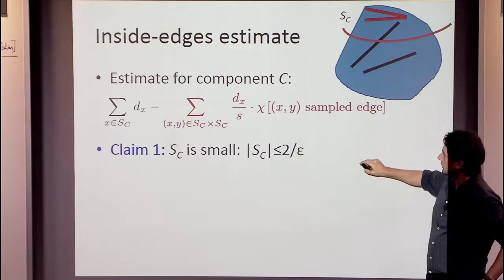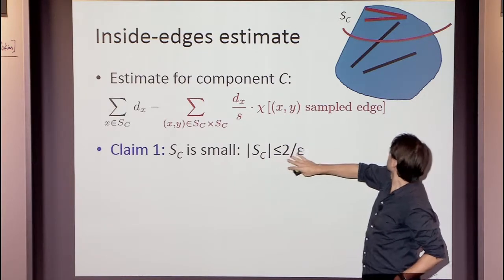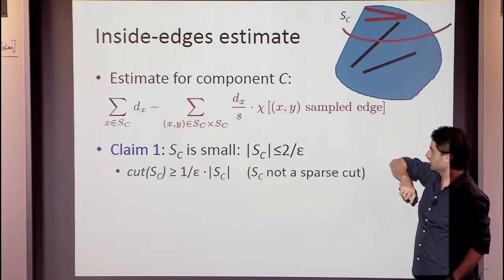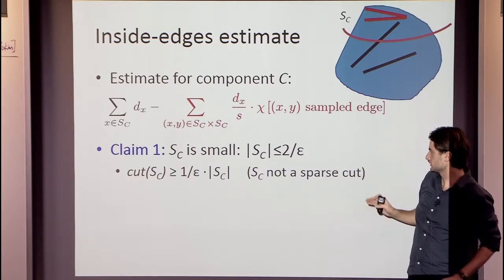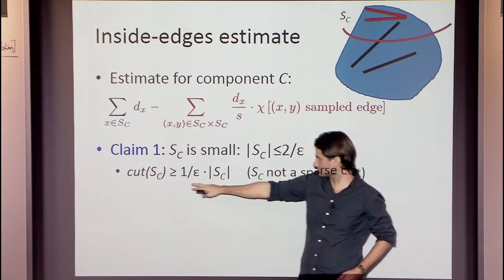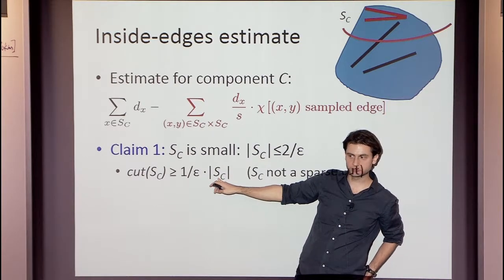I want to say that, at least for a dense component, if we look at the set, it is small. Why? There are two statements. One is that the cut value has to be at least 1 over epsilon times the size of S_C, because this was not a sparse cut.